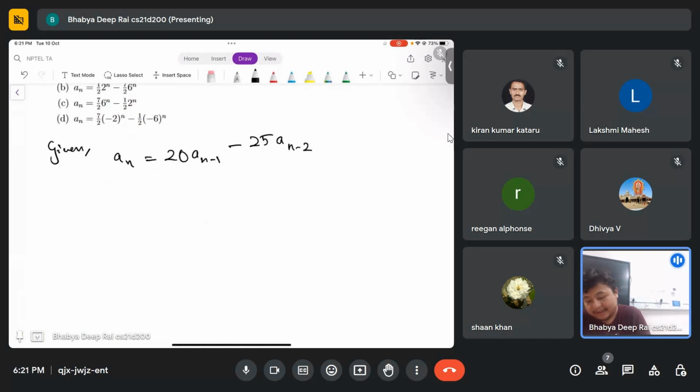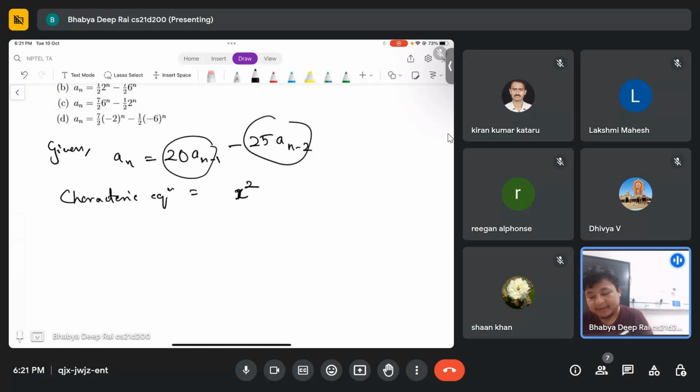According to what we've seen earlier, the characteristic equation is what? It's x to the 2, since there are two terms, k is 2. So x square minus 20x minus 25 equals 0.